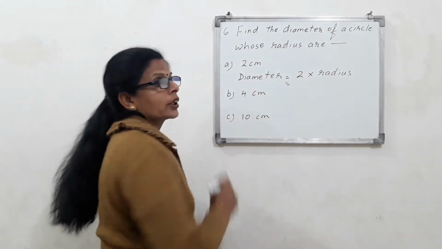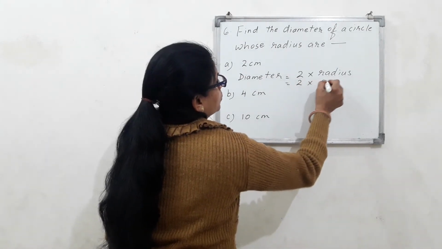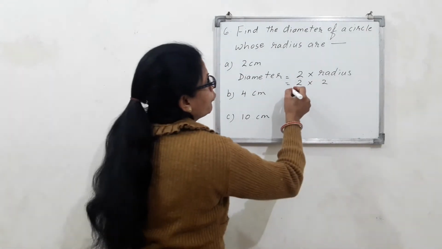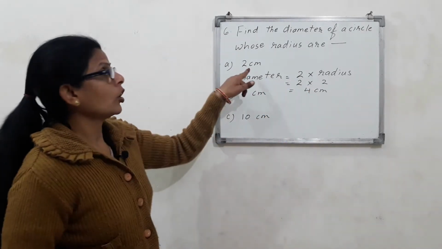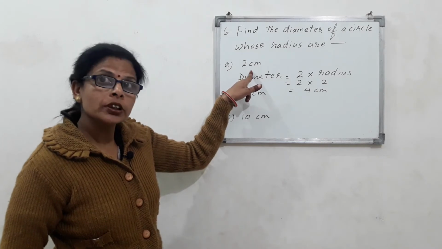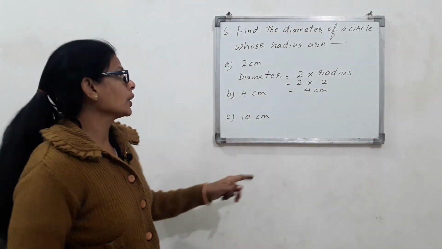What is the radius given? 2 only. So 2 multiplied by 2 is equal to 4 centimeter. So the diameter of the first radius is 4 centimeter. Clear?